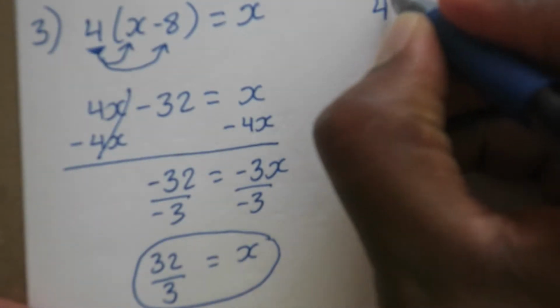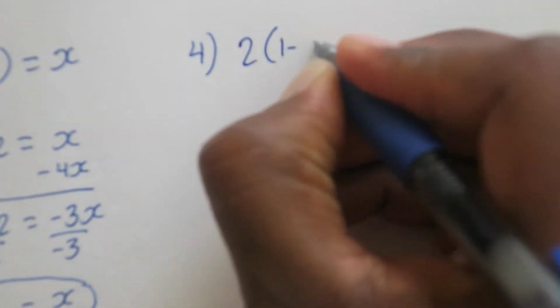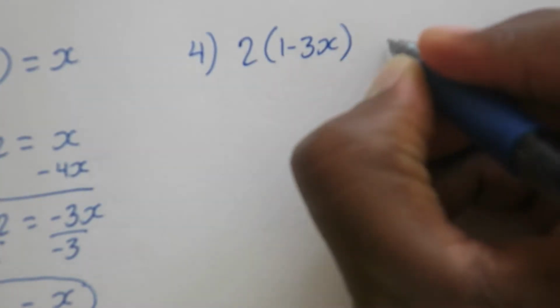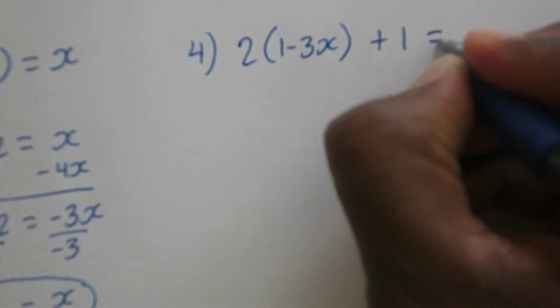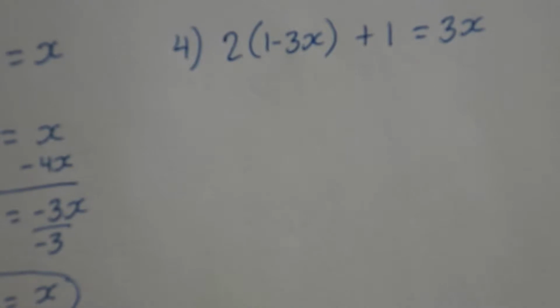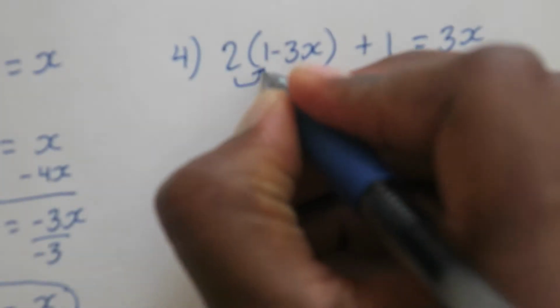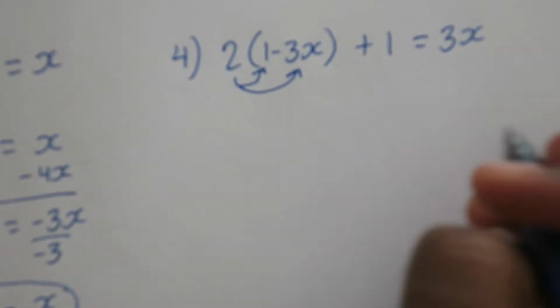For problem number 4, we'll look at a problem similar to 3. 2 parentheses 1 minus 3x, plus 1 equals 3x. Now for this one, we're going to distribute the 2 first. 2 times 1 and 2 times -3x.